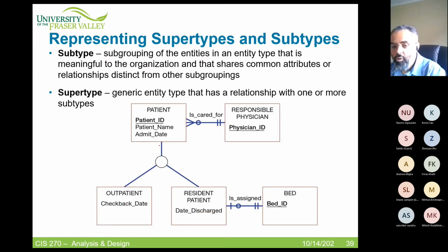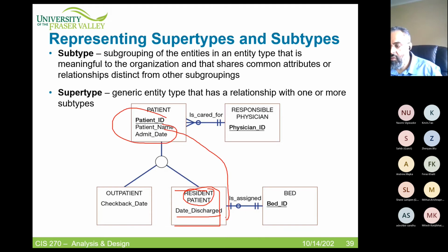This is why, if you believe there are some attributes related to a special type, go ahead and create a resident patient and put the date discharged there. Later, when I make a table for them, a physical file, it will include all this plus this. But here, in the conceptual analysis, I will make this notation between them, telling that this entity type is a subtype of this.